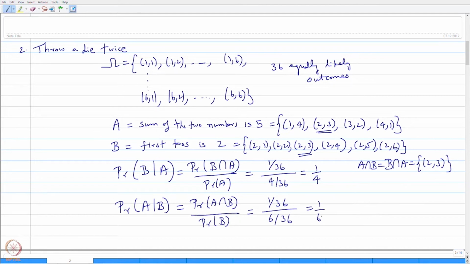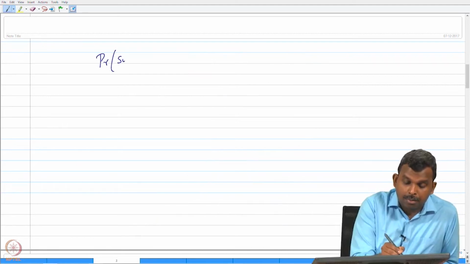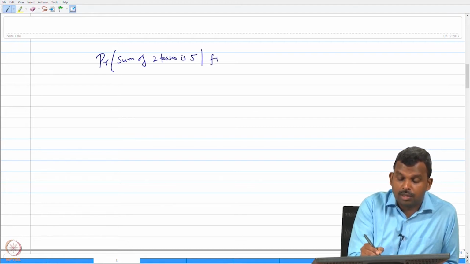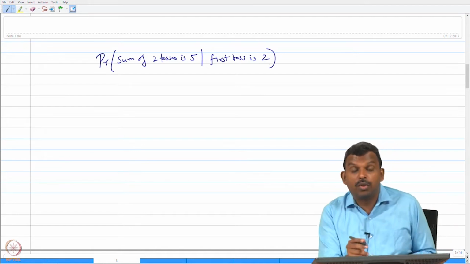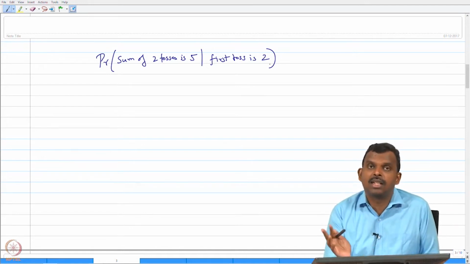Now, when you do things repeatedly like this, when you throw a die twice, you do not have to necessarily write down this entire sample space and argue it like this. Supposing, particularly the second one is very easy to argue. If you look at the probability that the sum of two tosses is 5 given the first toss is 2, you have been given already that the first toss has resulted in a 2.